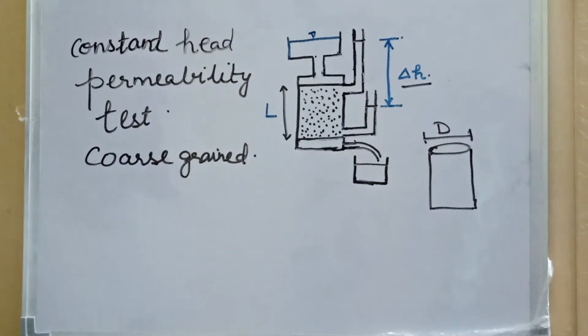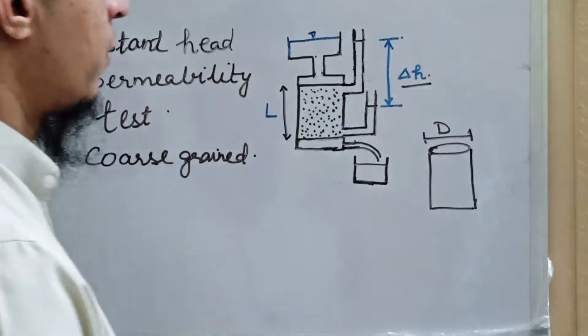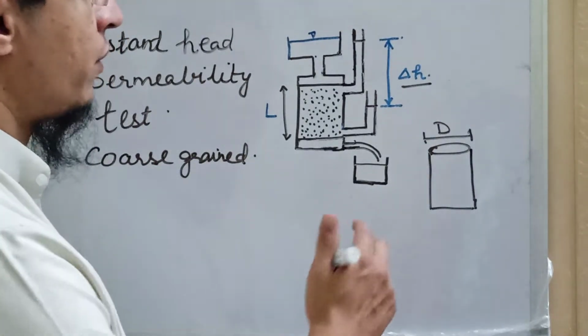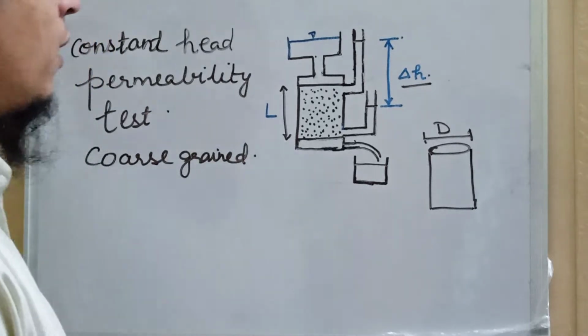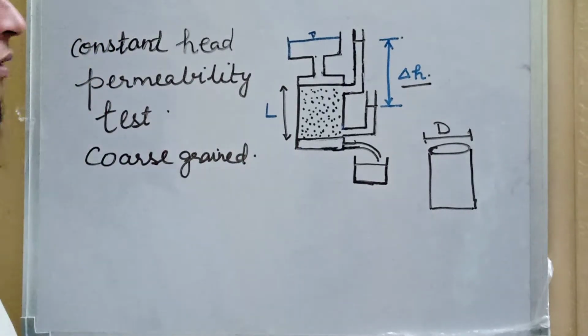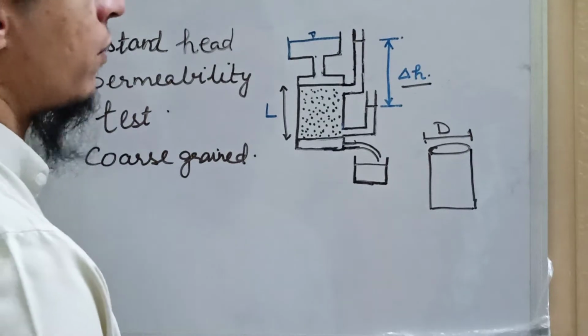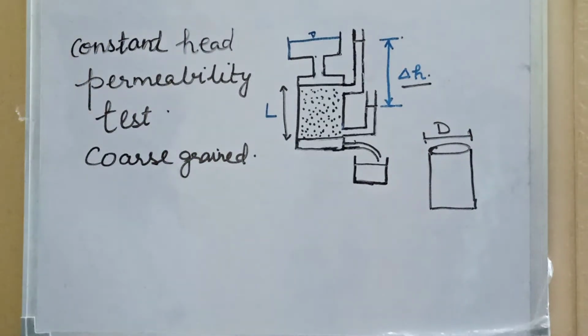If we have an undisturbed soil sample, then we mold it according to the shape of this mold and place it within this mold. Otherwise, for a disturbed soil sample, we can compact the soil according to the field density and place it in the mold.